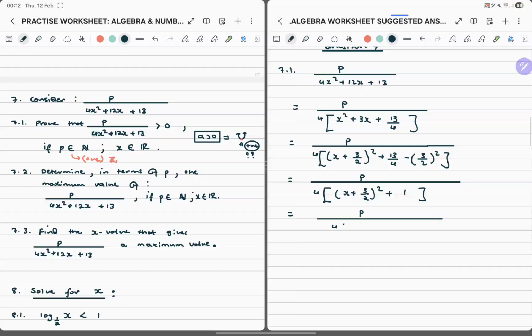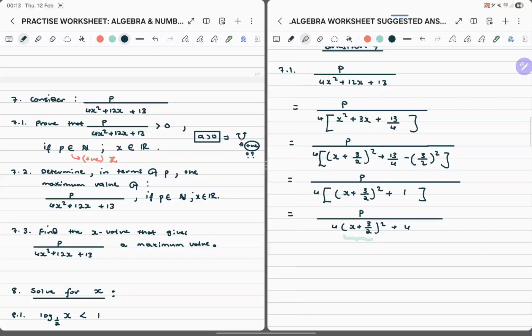Now this one, we redistribute the 4, is going to be 4 into x plus 3 over 2 all squared plus 4. Okay, now we know for a fact that this is a perfect square.